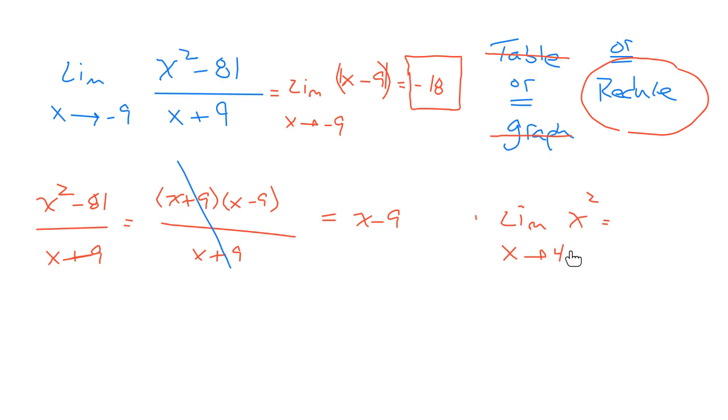I don't know what that is, but I bet it's about 16, because 4 squared is 16. So in cases like that, you can just put the number in to do the limit. And that's what I did here. The limit as x goes to -9 of x minus 9, I can just put -9 in, it's negative 18. If you wanted to put negative 9.01 in, you're going to get about negative 18 doing it that way.